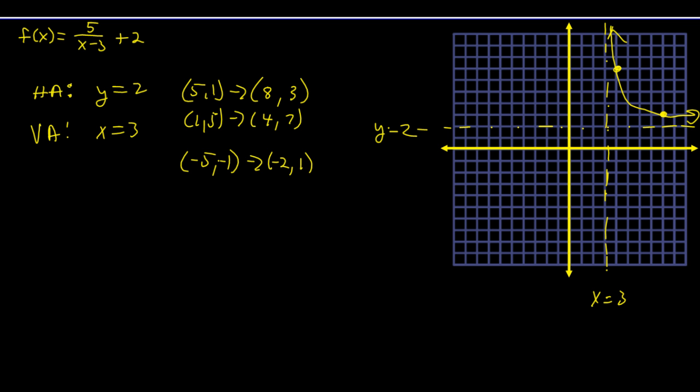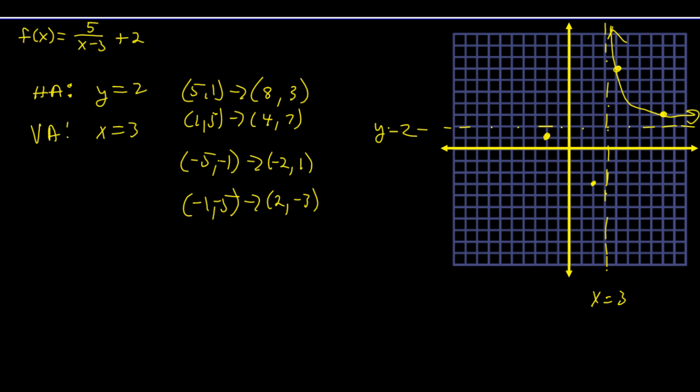So -2, 1. And -1, -5, 3 to the right takes me to 2, and 2 up takes me to -3. So over 2, down 1, 2, 3.